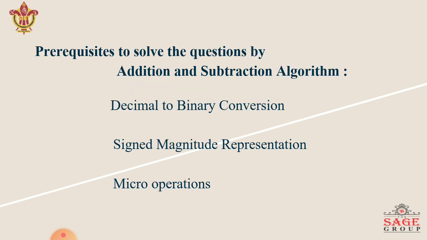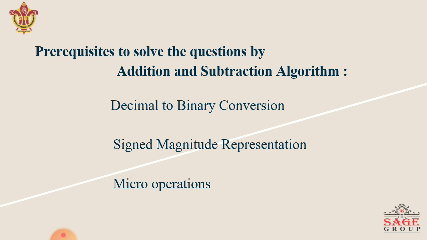And prerequisites to solve the questions by addition and subtraction algorithm. These three subtopics we already covered in the previous lecture on the multiplication algorithm, so we do not include much here. We just simply take the name of the topic.